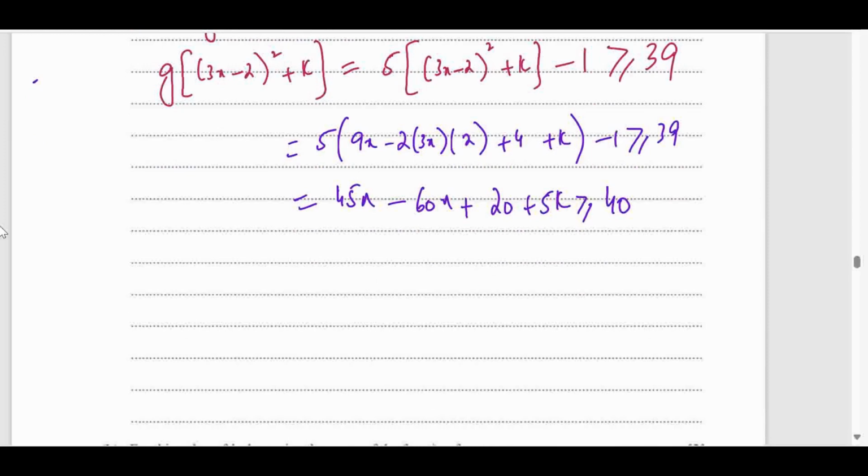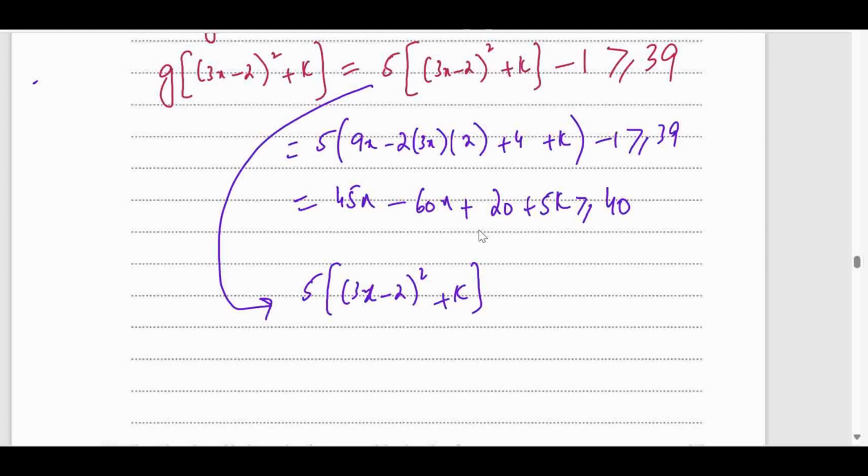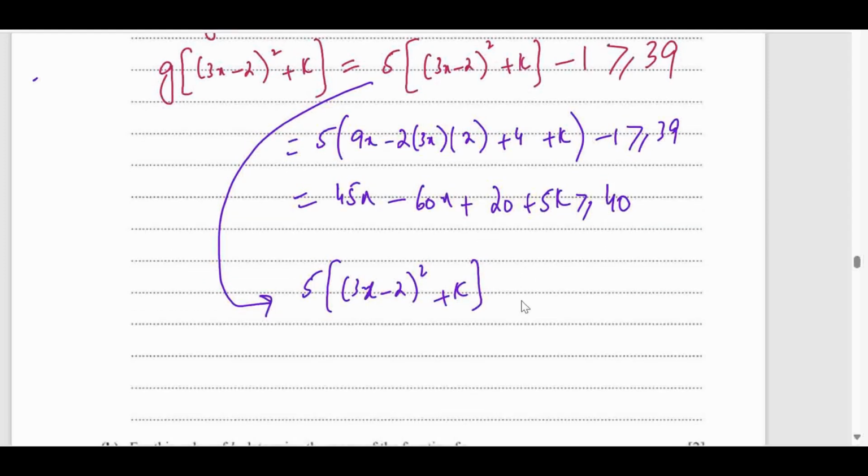we can use this form also, that this will be 5 into (3x minus 2) whole square plus k. Now this one is minus 1, so greater than or equal to 40. Divide 5 on both sides.